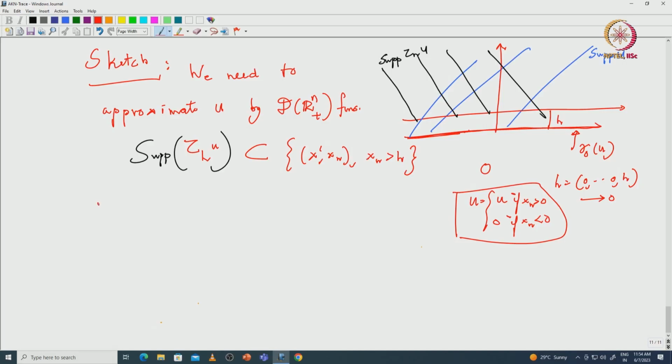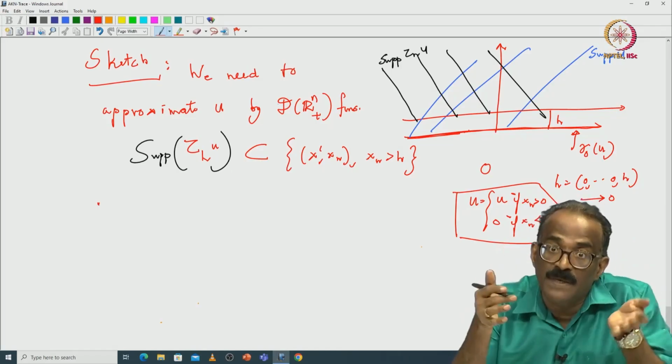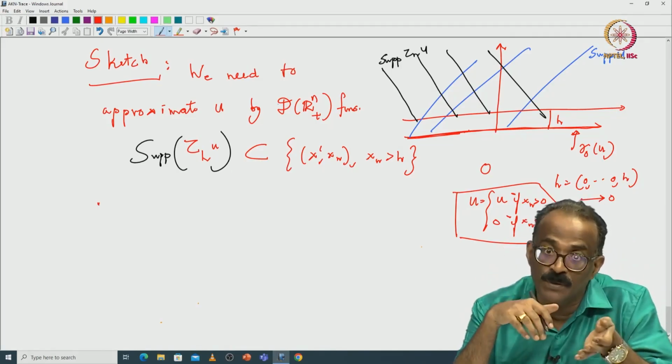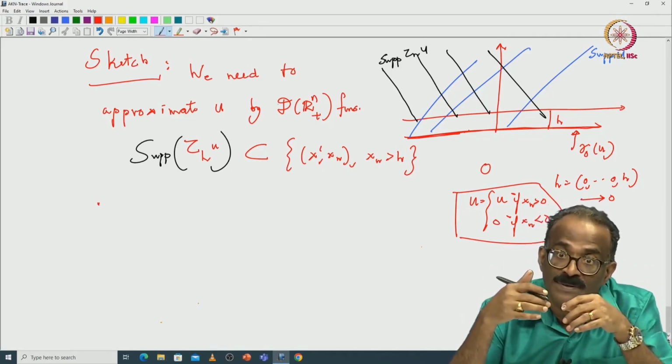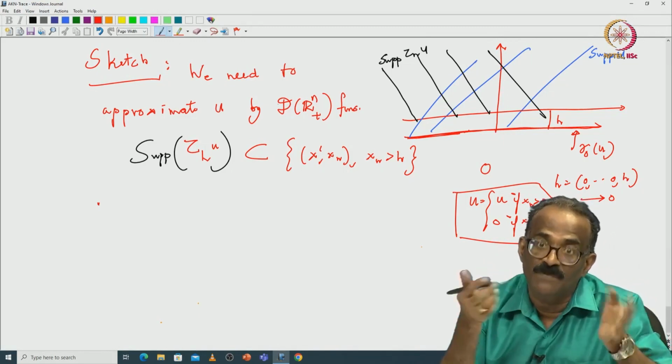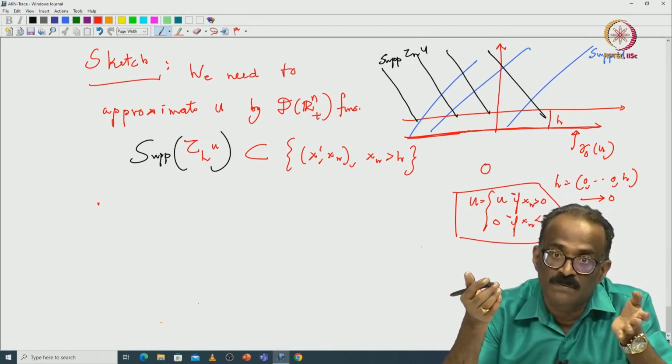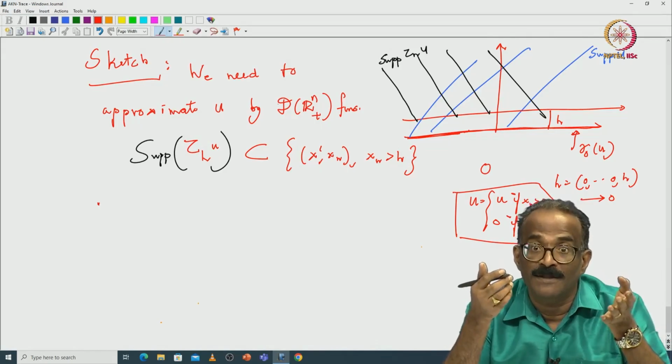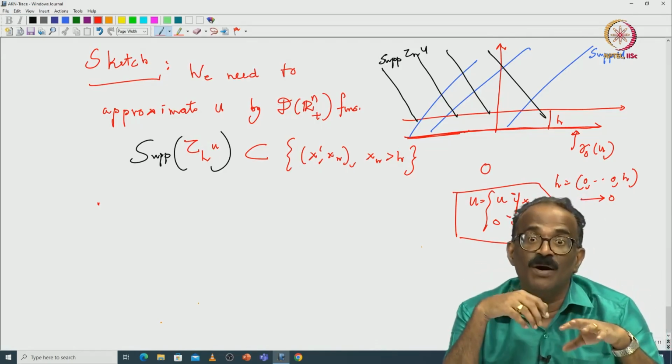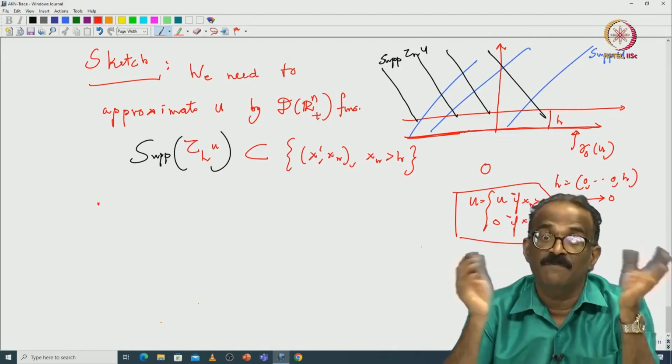Then you can actually show this for tau h of u. There are a few steps to be proved: whether tau h of u converges to u in L2, and then the derivative of tau h of u converges. So, you actually have to show that tau h of u converges to u in H1. Then you have to smoothen it, so you need a cutoff function with compact support.